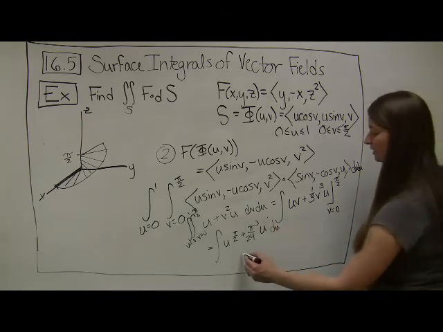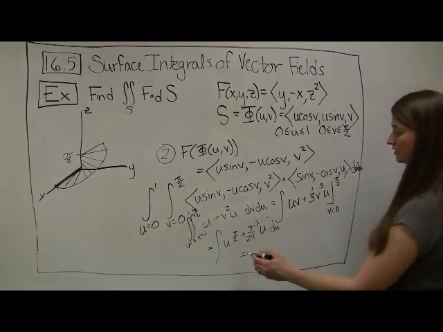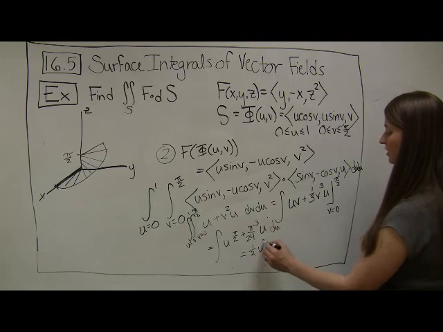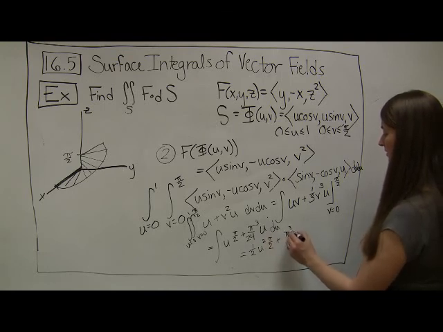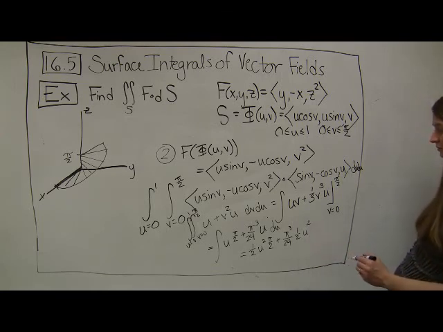I do my final integration step, integrating with respect to u. This is just a single variable integral. I get 1/2 u squared times pi over 2 plus pi cubed over 24 times 1/2 u squared.